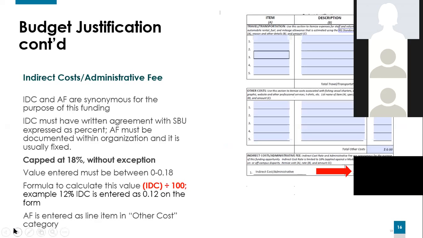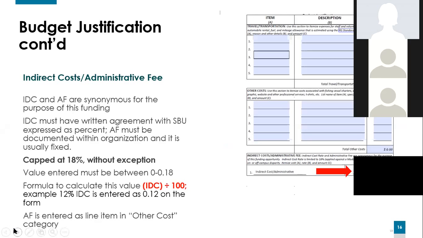The administrative fee is usually a flat amount for those organizations that do use this cost. And again, it has to be documented within the applicant's organization. Now, for the purpose of this small grant program, the IDC or administrative fee are each capped at 18%. They cannot exceed 18% of the amount being requested without exception.